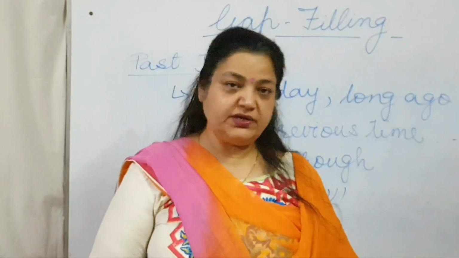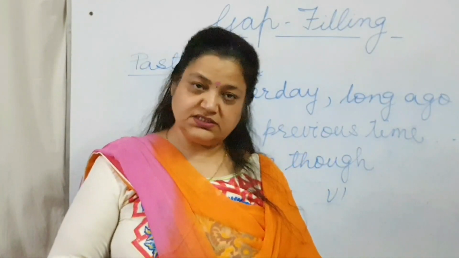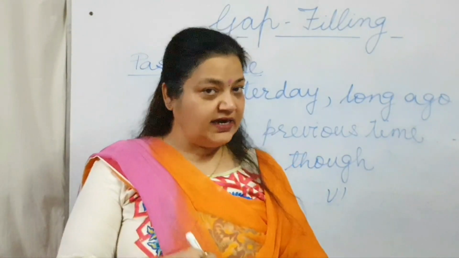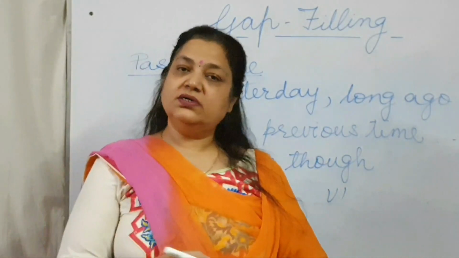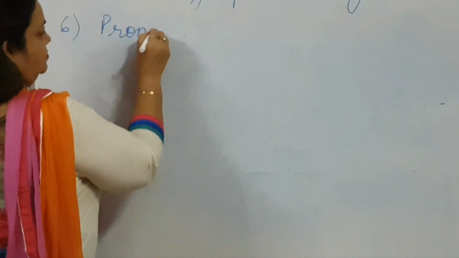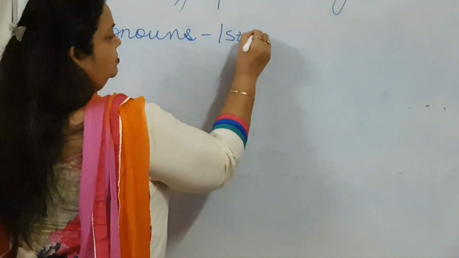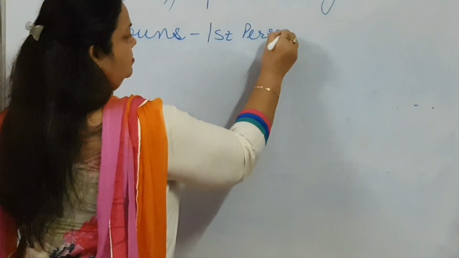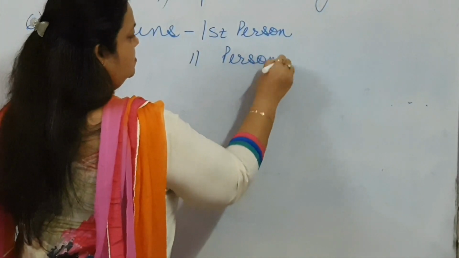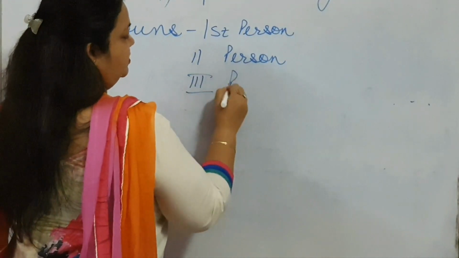Articles, you are already familiar, a and the, that I discussed in detail when we were doing determiners. So a and an are indefinite articles and the is the definite article. In the same way, if we take pronouns, we have to see first person, second person and third person.